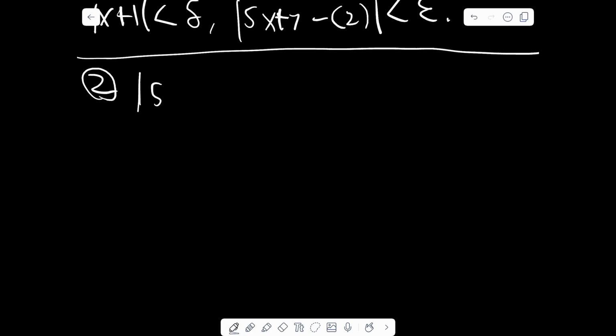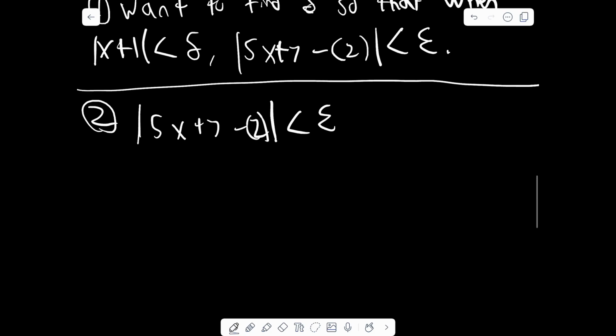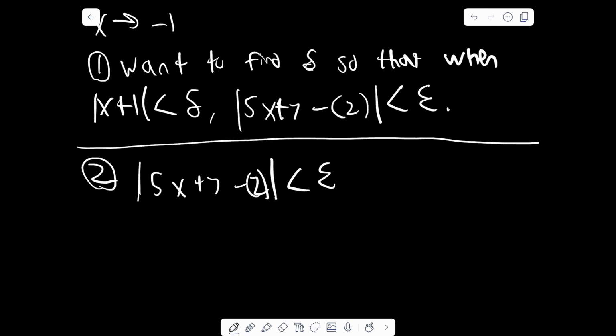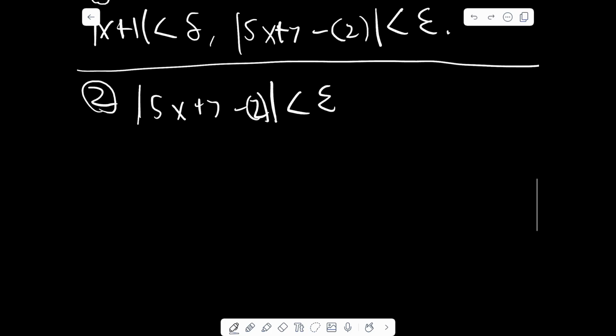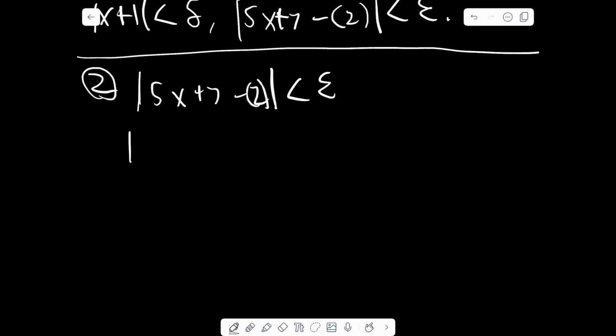So we take this 5x plus 7 minus 2, the absolute value of that, which is less than epsilon. Make sure you write that out. We take this value, and we're going to see if we can find an x plus 1 in there. If we can somehow manipulate it to find an x plus 1 in there, the rest of this problem will be extremely easy. So let's combine like terms. First things first, we combine the 7 and the negative 2.